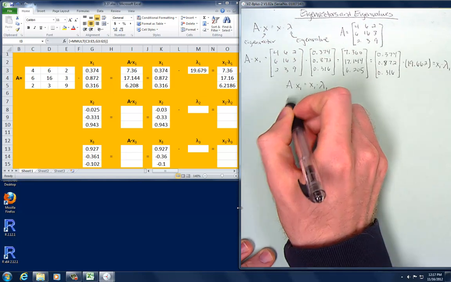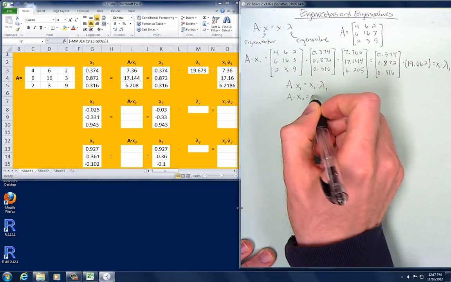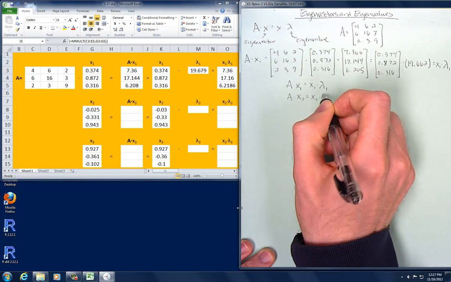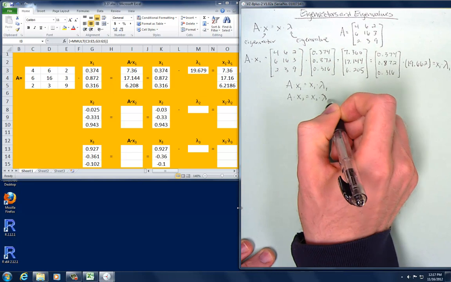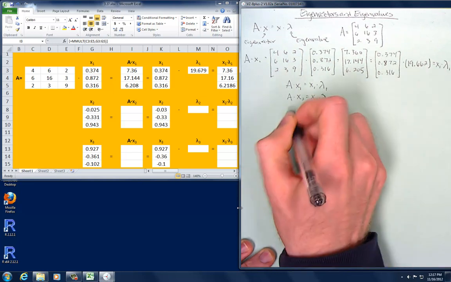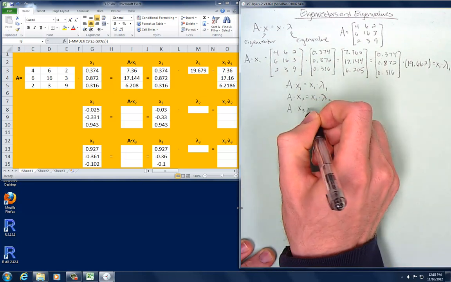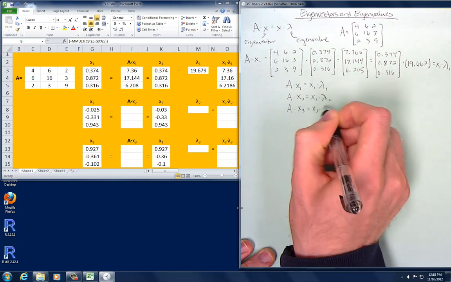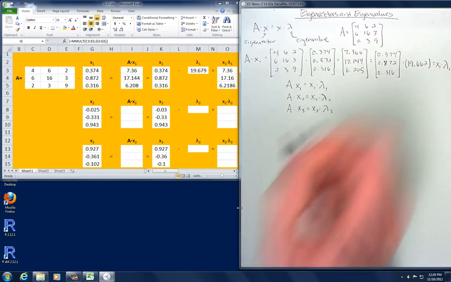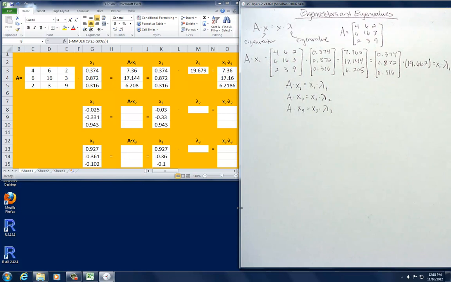We can also have our matrix A times x sub 2, and that will be x sub 2 times a constant, as well as x sub 3 and lambda sub 3. So we have 3 eigenvalues with associated eigenvectors.